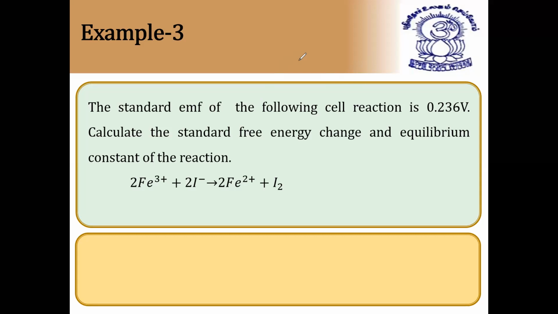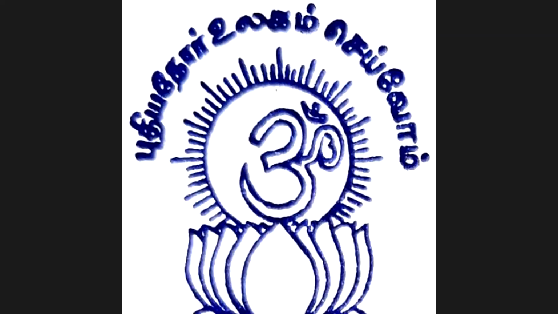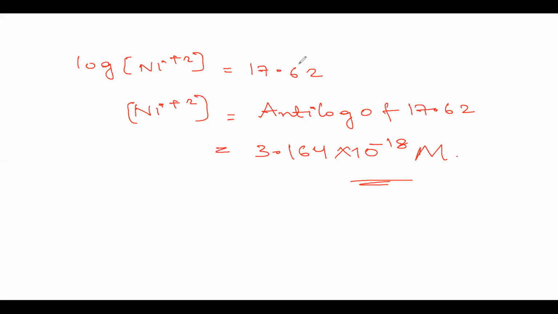So straight away the formula: delta G is equal to minus nF E degree of cell. I'm taking a new slide. Delta G is equal to minus nF E degree of cell, because E degree of cell is given as 0.236 volts.